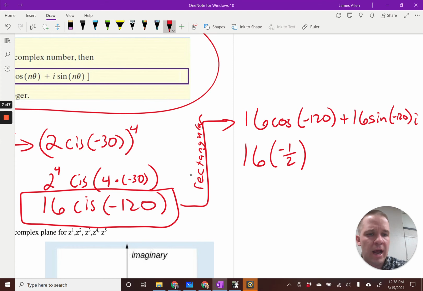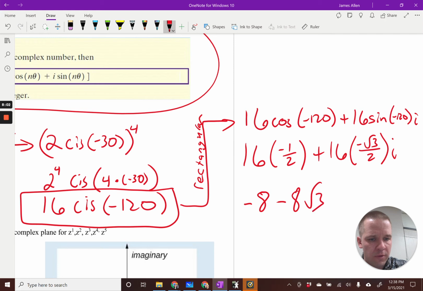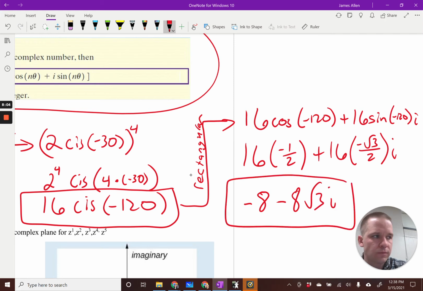So yeah, it's negative 1/2. And then 16 times sine of negative 120, that's going to be negative root 3 over 2, and then we've got i. So I have negative 8 minus 8 root 3 i. And there's my wonderful rectangular form.